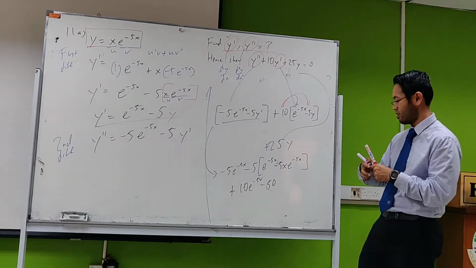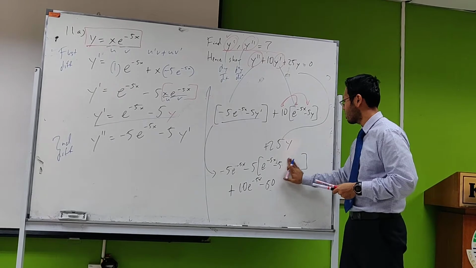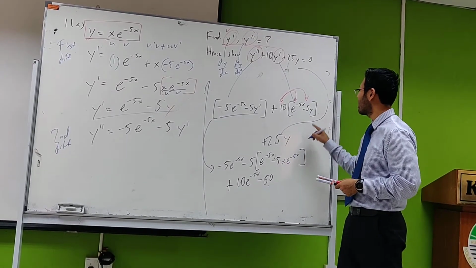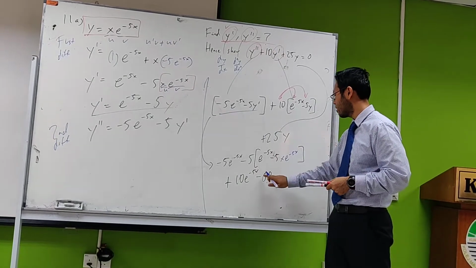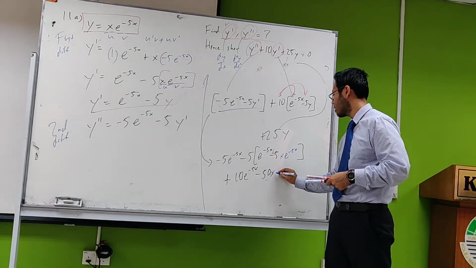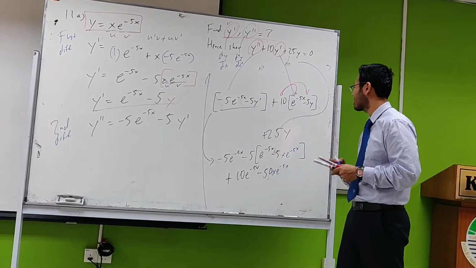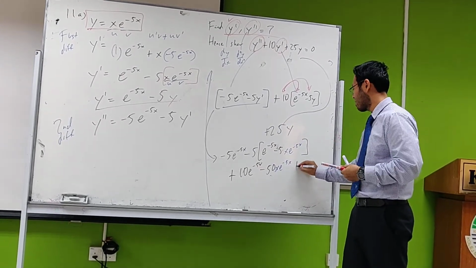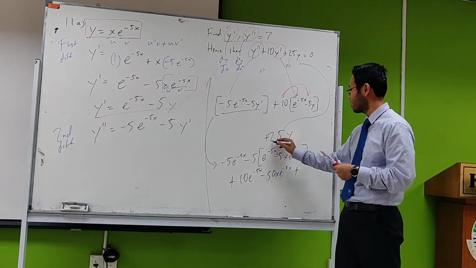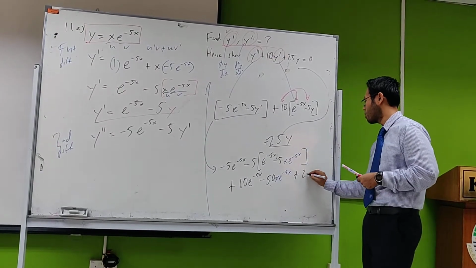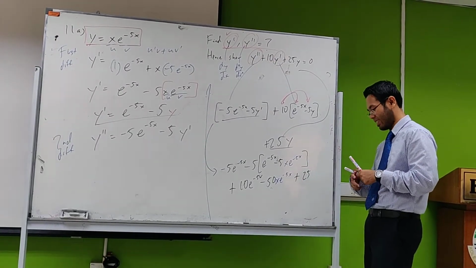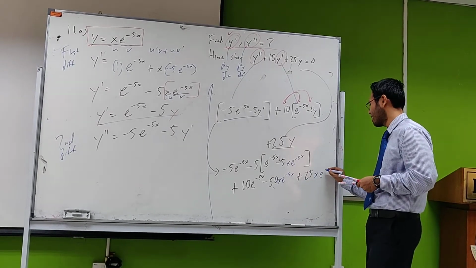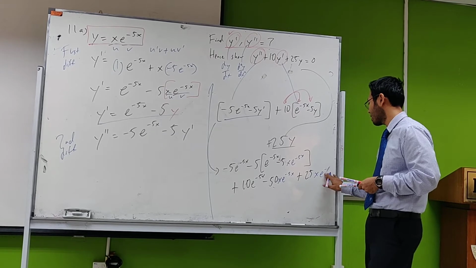Y is what? 50y. Y is the same thing, x e to the negative 5x plus 1, 25. Y is x e to the negative 5x.